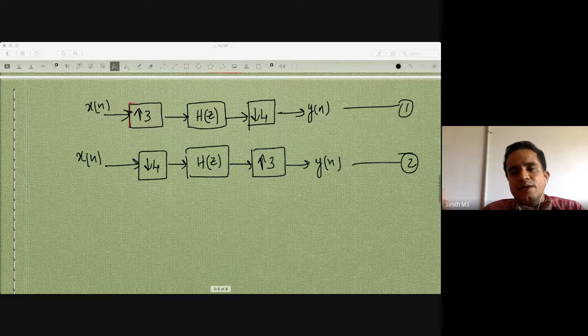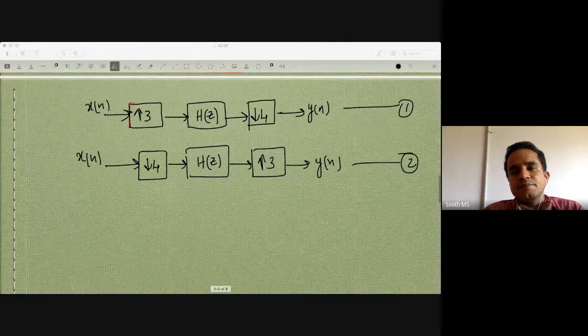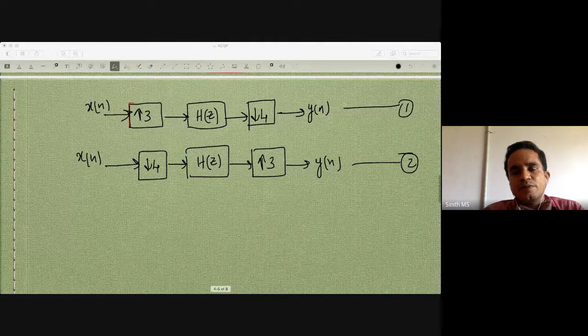Vrinda, can you tell which one is better? Are they both same? You can type also if you have some problem with the mic.